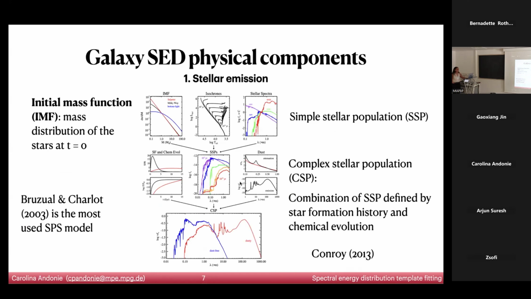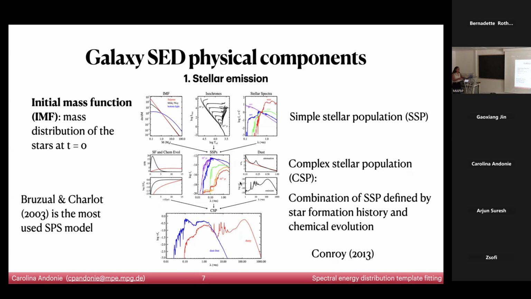And there are a lot of parameters that we need to give as an input to this stellar population synthesis model to model the stellar emission. First, to model a simple stellar population, which is basically a bunch of stars that were born at the same time and have the same metallicity, we need to assume an IMF, an initial mass function. We need to take into account the isochrones, which model how the stars evolve with time, and of course the stellar spectrum.